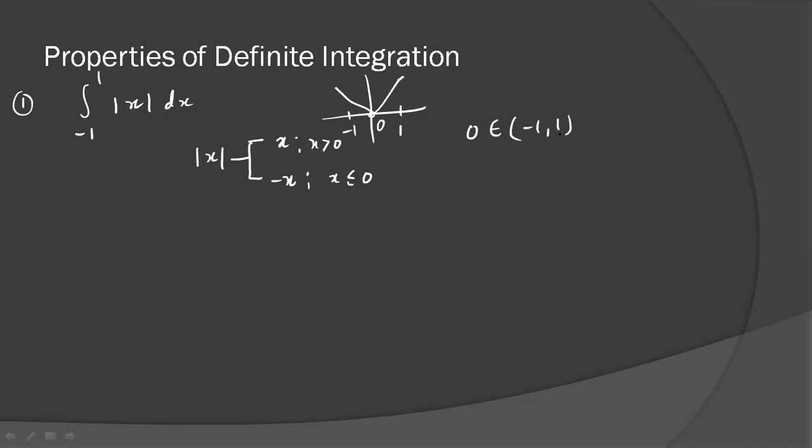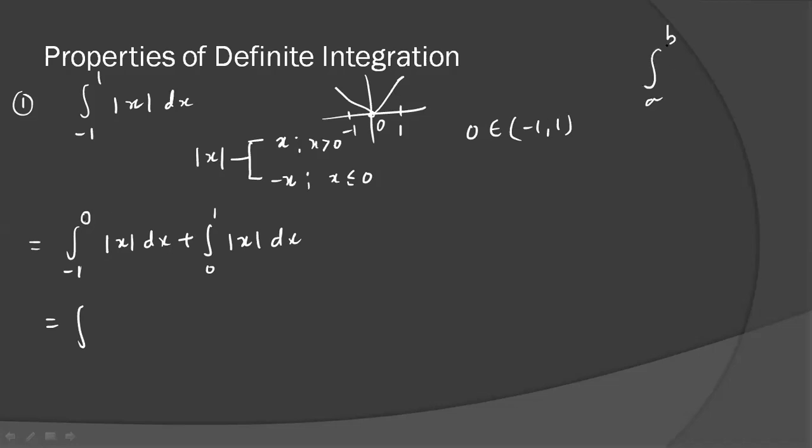And at 0, the function is not differentiable, and also changing its sign, so we can break this function using the splitting property at x equal to 0. It will be integral minus 1 to 0 of mod x dx plus integral 0 to 1 of mod x dx. Now use the definition of mod x. Minus 1 to 0 means x is less than 0.